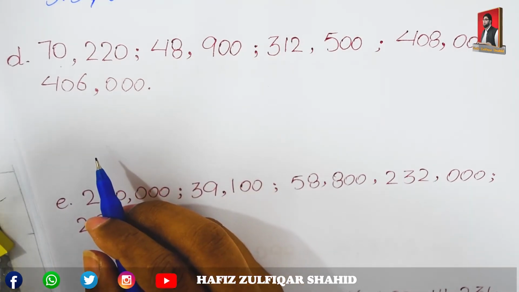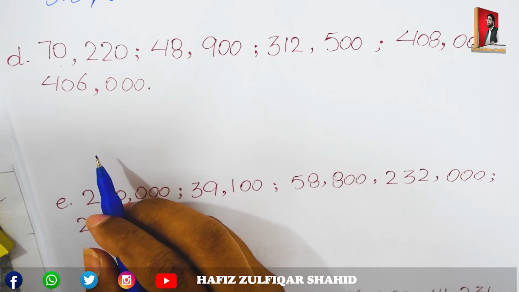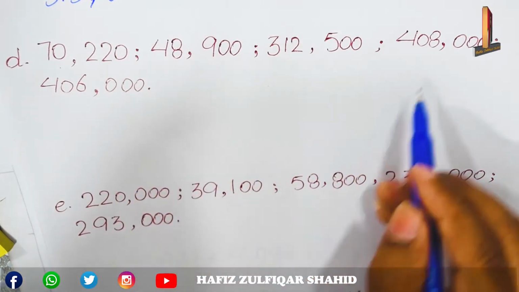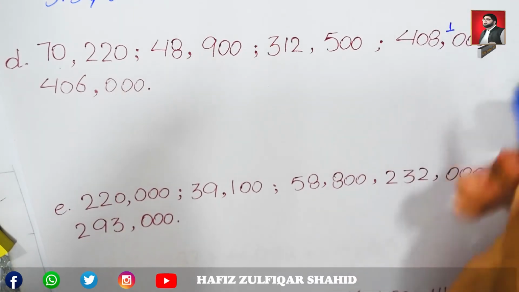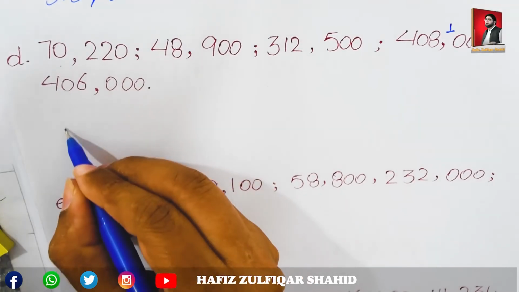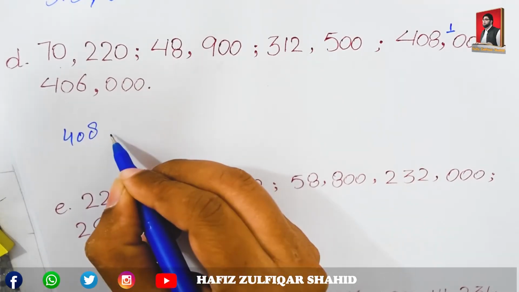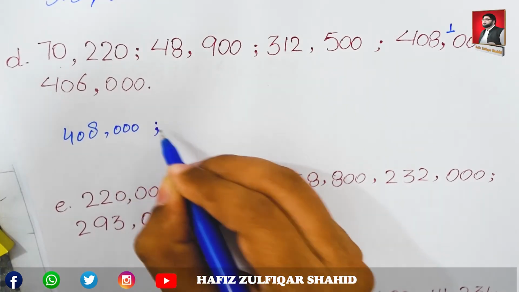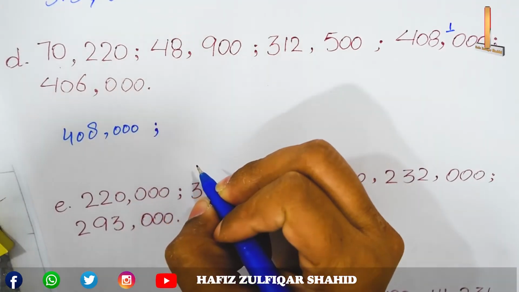We will go largest to smallest. Let's write the largest one first, and this 408,000, I can see it is the largest value in this given bunch of values.